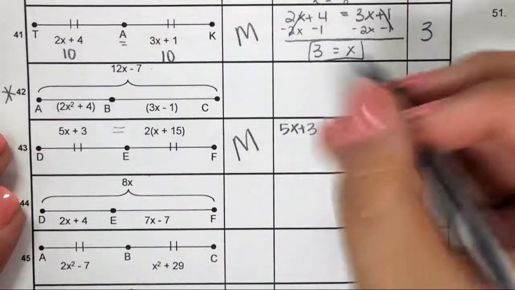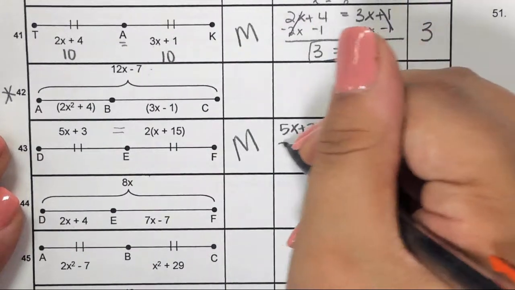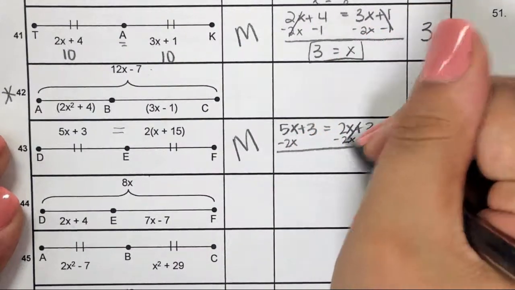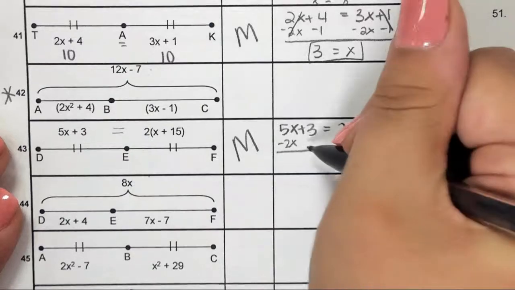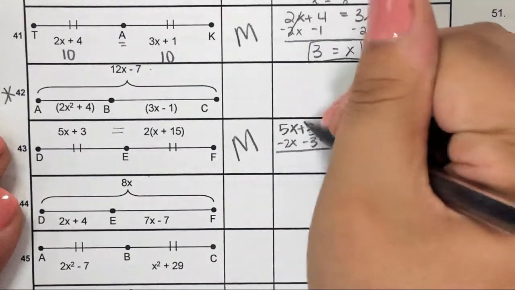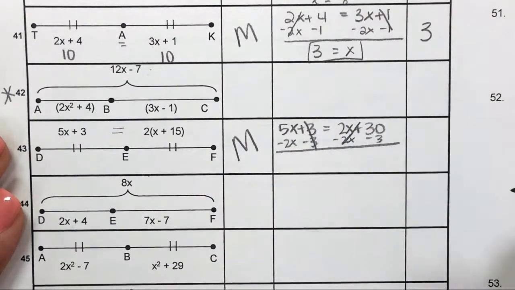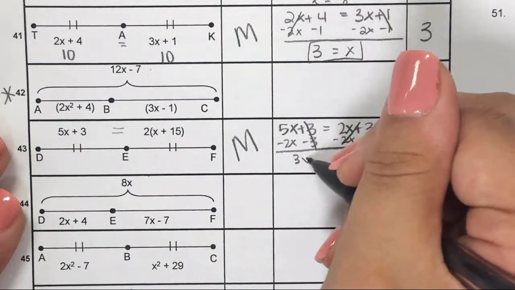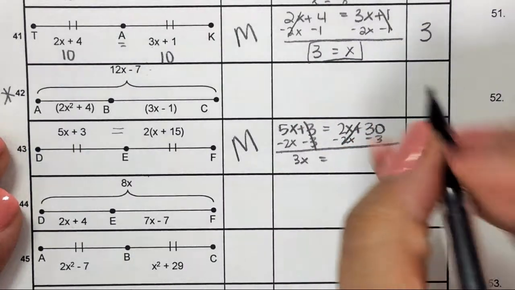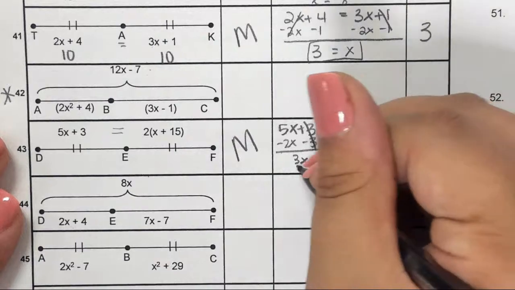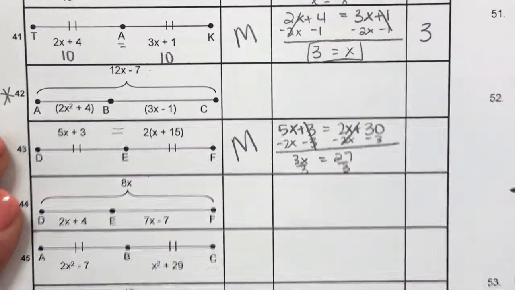Okay, and then I'm now again going to solve. I'm going to subtract 2x from both sides. So that goes away, and I'm going to get rid of this 3. So what's 5x minus 2x? What's 30 minus 3? And when I divide by 3, what does x equal?